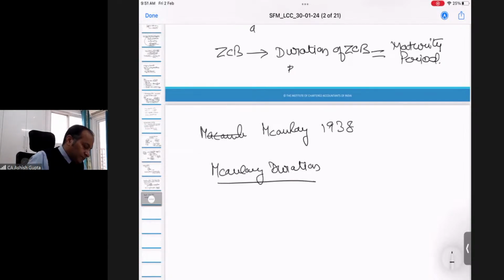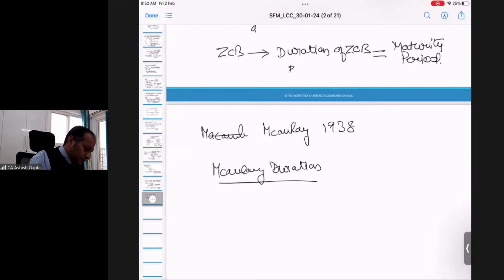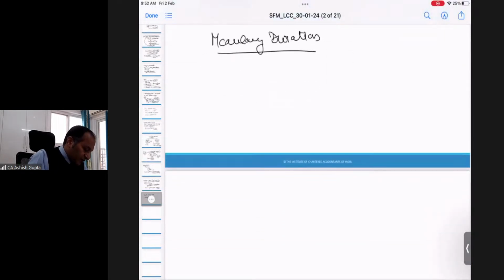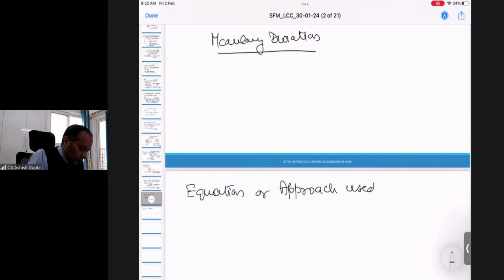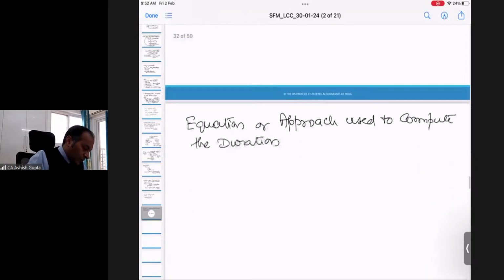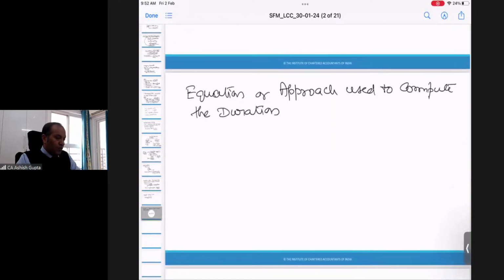Now let us see what is the equation, the approach to compute the duration.